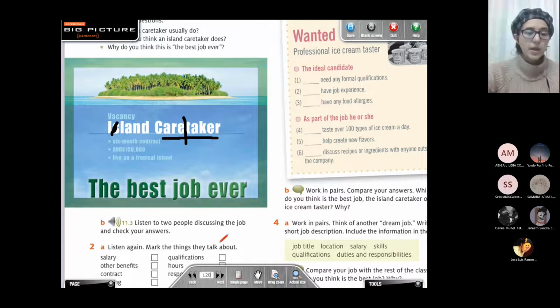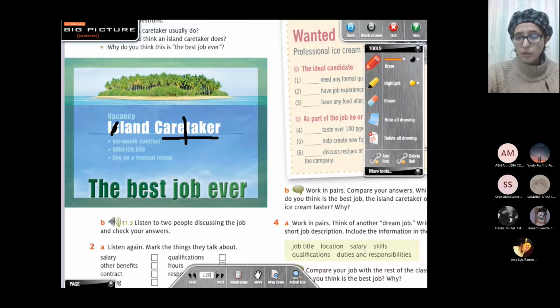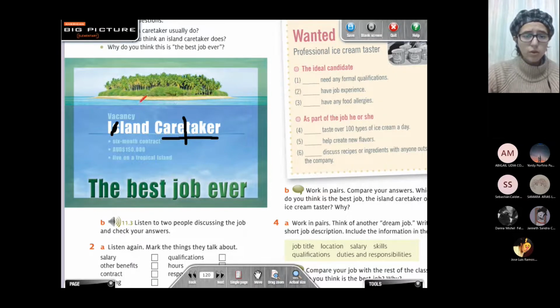Any answers? Island caretaker. So these kind of jobs exist. This is true. Solamente quiero que sepan que estos tipos de contratos de trabajo sí existen. They are really good because imagine living in an island for 6 months and earn 150,000 Australian dollars. So that's a dream job, right? That is the best job ever.